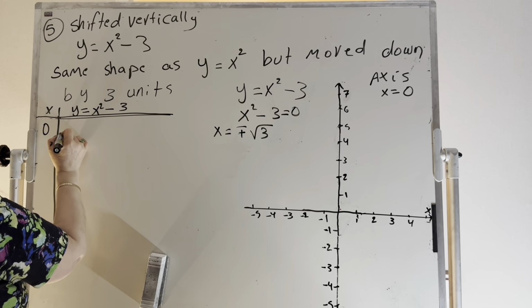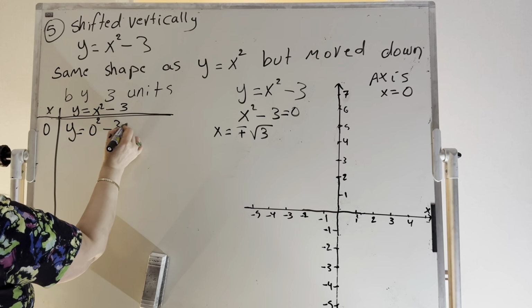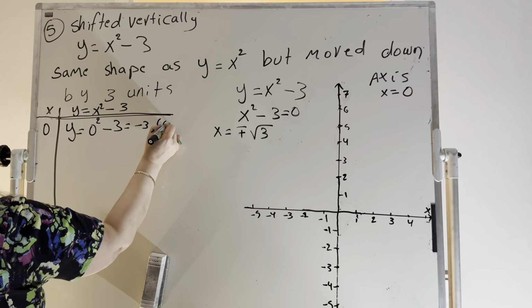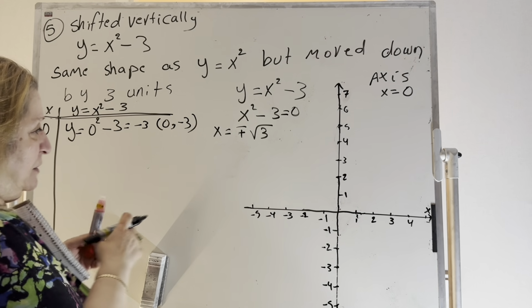When x equals 0, y equals 0 squared minus 3, so y equals minus 3, and it will be here.